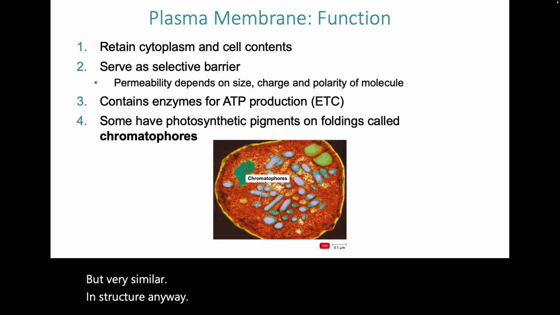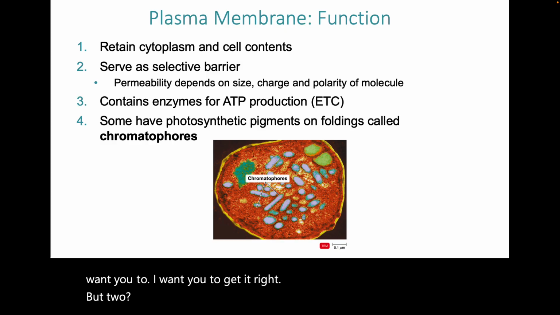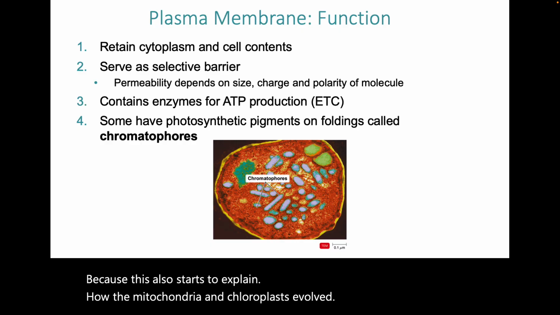Chloroplasts. And again, I'm highlighting this because one, people will miss it and I don't want you to. I want you to get it right. But two, because this also starts to explain how the mitochondria and chloroplasts evolved from bacteria.